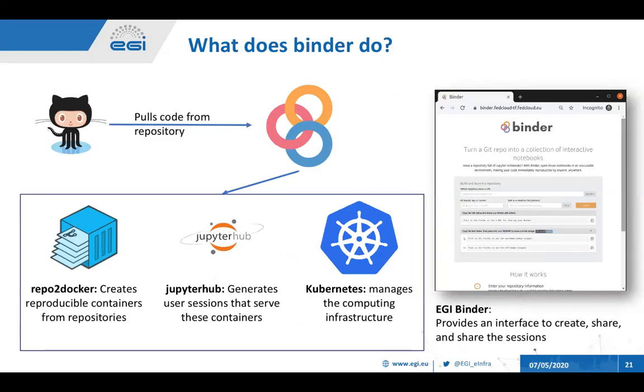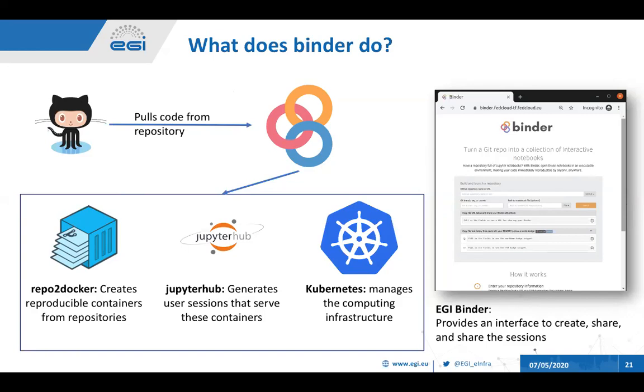So this is a bit more detail on what Binder does. Binder takes the code from a repository. GitHub is one, but Zenodo is another one. It creates a Docker container from that repository. It generates a user session into JupyterHub that can serve those containers, and all of that runs on top of Kubernetes. And there is a public Binder instance that is hosted in several cloud providers and managed by some university in the US.